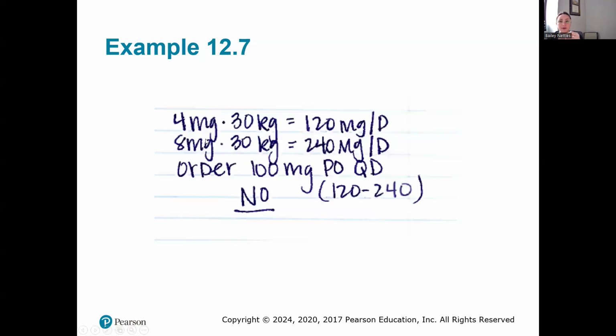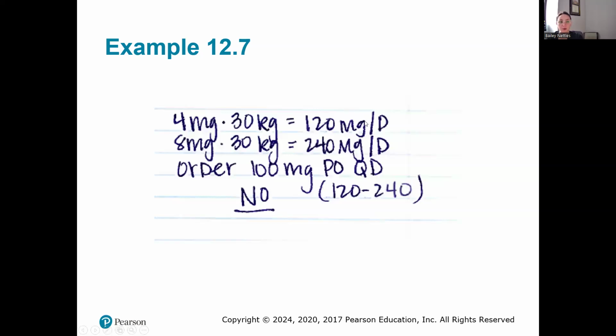All right, so how do we figure out if this is a safe dose? Our recommended dose is 4 to 8 milligrams per kilogram per day. So for every kilogram, they get 4 or they get 8. We start with our minimum first, or I always do. You can do either one first, it doesn't matter. So 4 milligrams per 30 kilograms, we have to multiply.